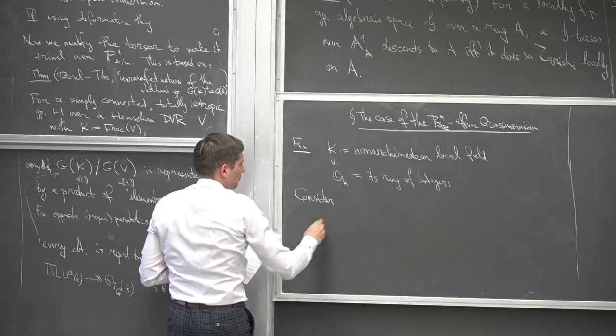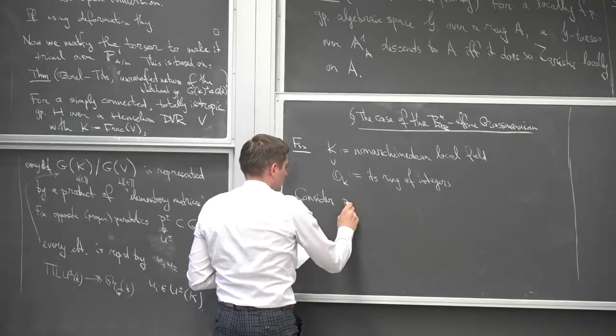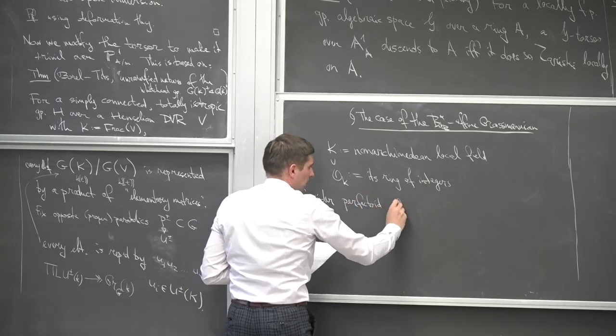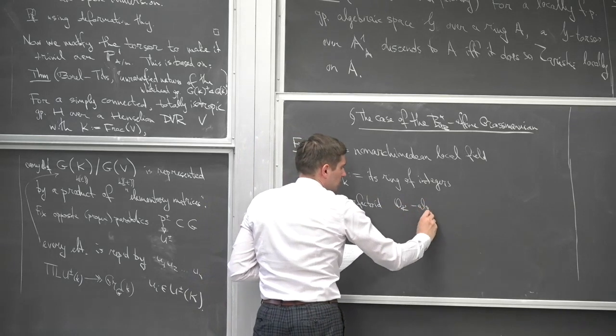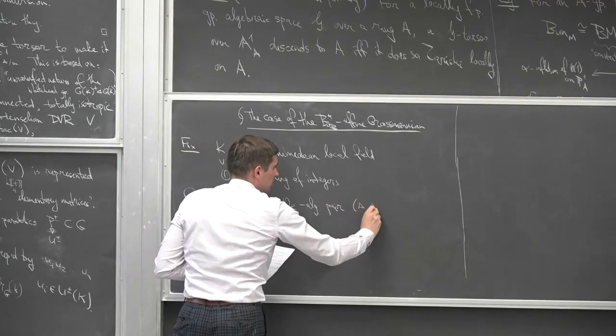Okay, and so now the test category for forming these loop groups and so on will be perfectoid rings. More precisely, perfectoid O_K-algebra pairs (A, A plus).